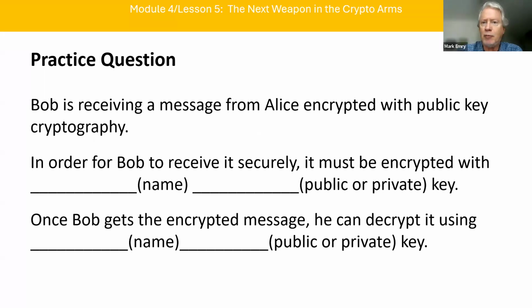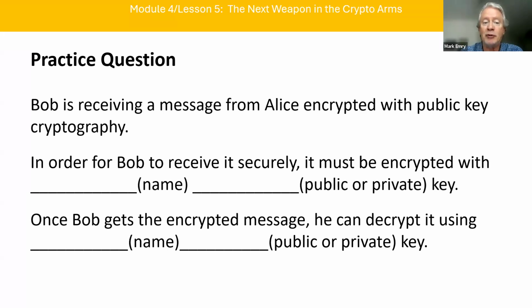So we're going to have you practice this concept. In the example above that I just talked to you about a second ago, I am the sender and you are the receiver. Now think about Alice being the sender and Bob being the receiver, and fill in the blanks below. So you'll see this says Bob is receiving a message from Alice encrypted with public key cryptography.